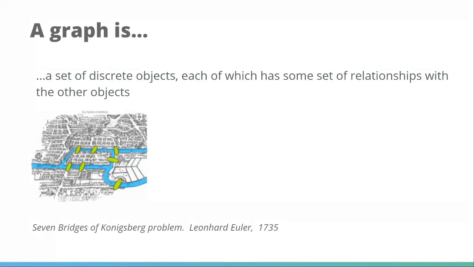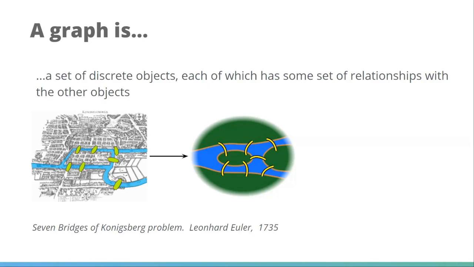And this concept of graphs arose from a mathematician called Leonhard Euler, who came across this problem that was published in a newspaper. And effectively what he did was he took this problem, which was understanding how somebody may visit these 4 land masses and how they would access these land masses via bridges.